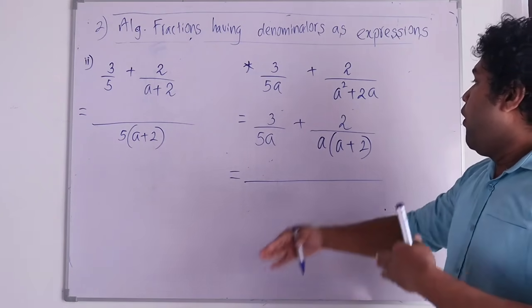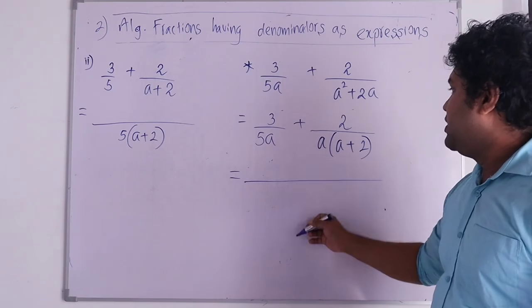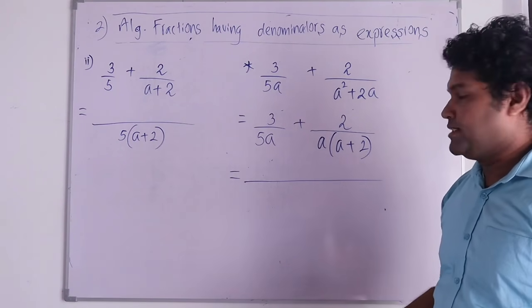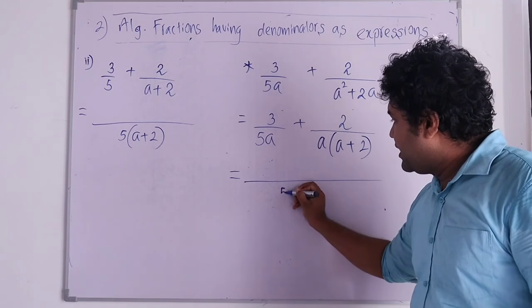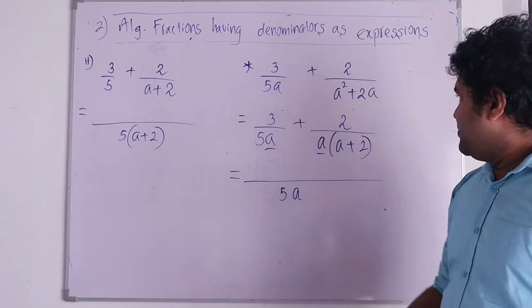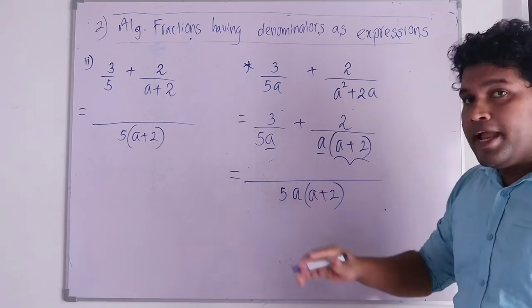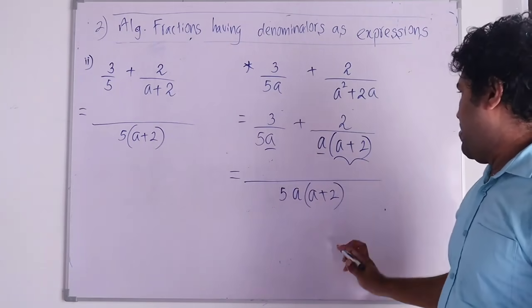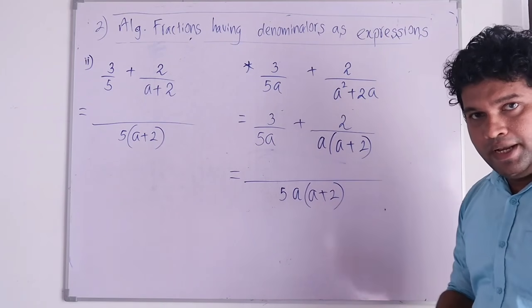That means all the expressions have given factors. Now what are the different factors that you have at the denominators? 5 is a different one, the letter a is a different term, and a plus 2 is another different expression. Are there any highest powers? No. Therefore, don't worry about the power. That is the common denominator.